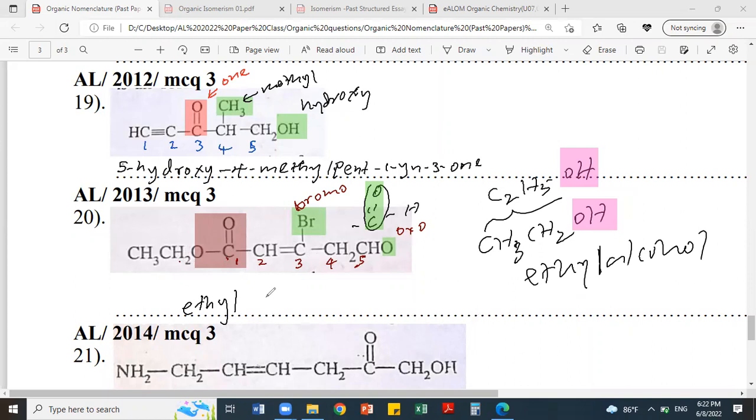Therefore, ethyl, then a space. After that, the same procedure as before, alphabetical order for the side groups. Bromo, 3-bromo. After that, 5-oxo. On the 5th carbon there's an oxygen attached, oxo.